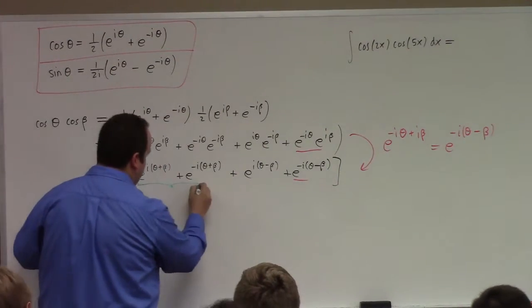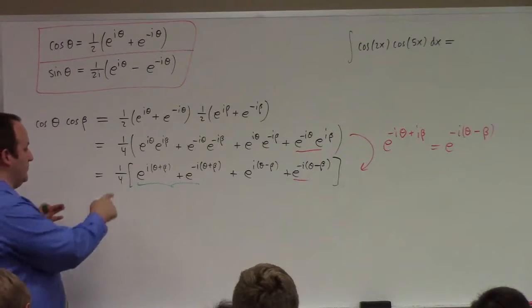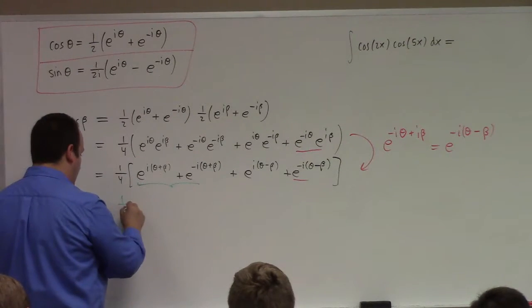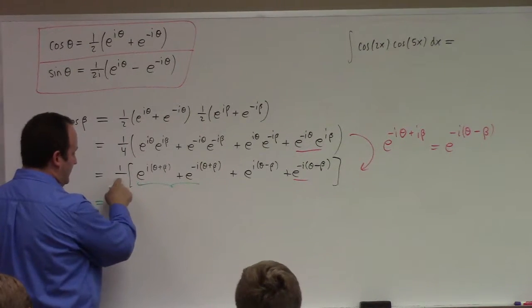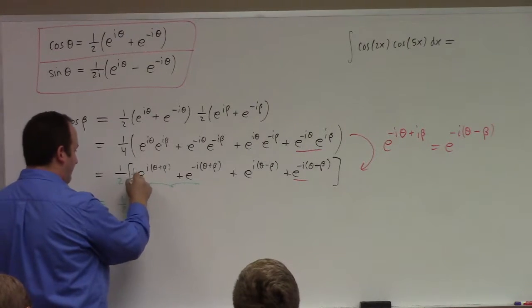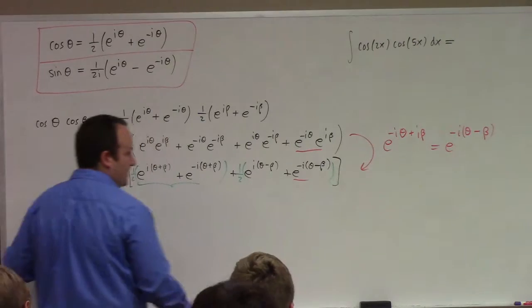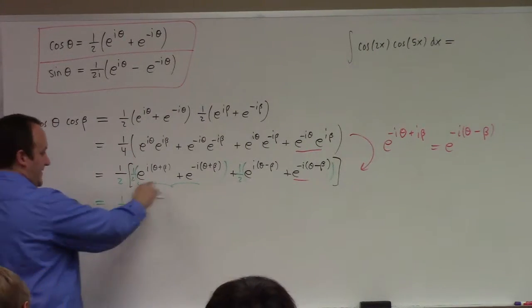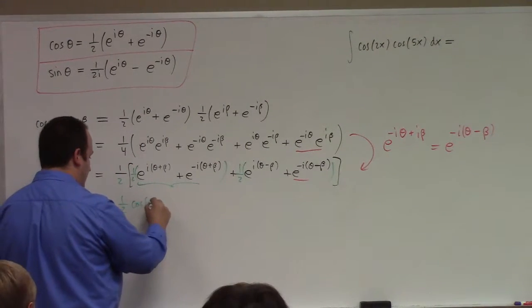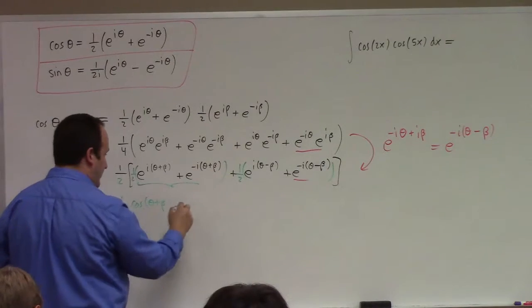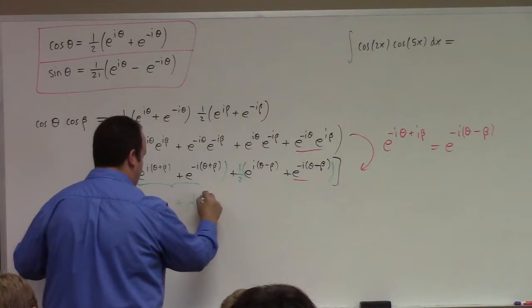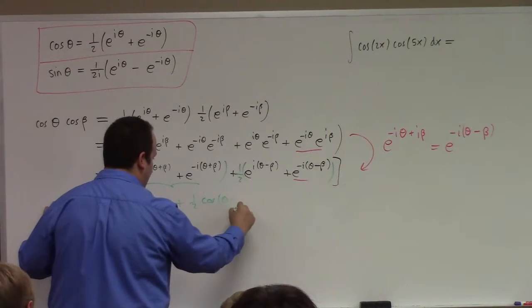This is a cosine. If I bring in a half, take a half inside, take another half over here, that's straight up 1/2 cosine theta plus beta. That is 1/2 cosine theta minus beta.